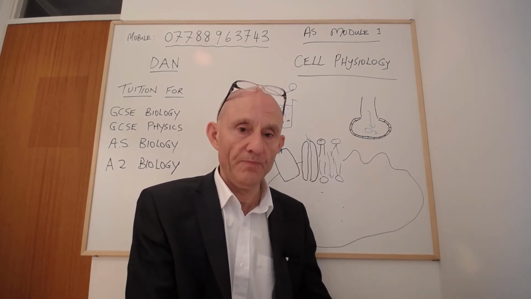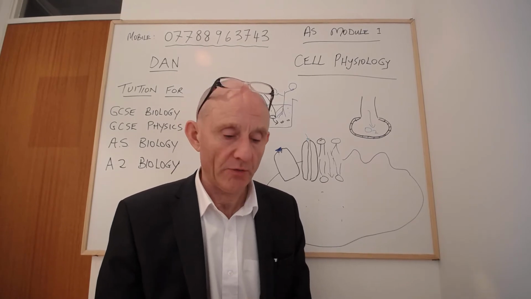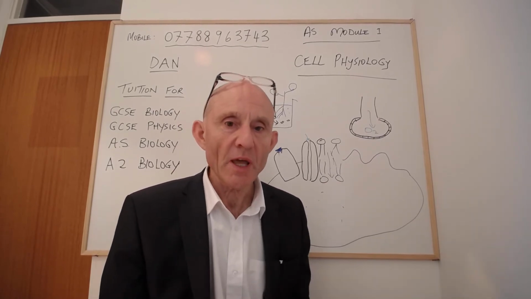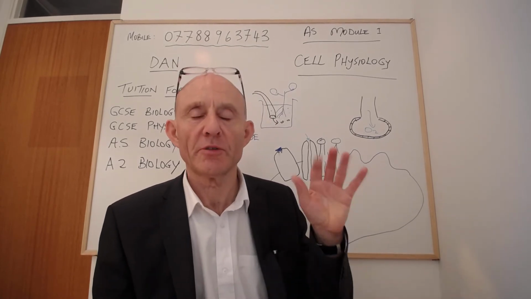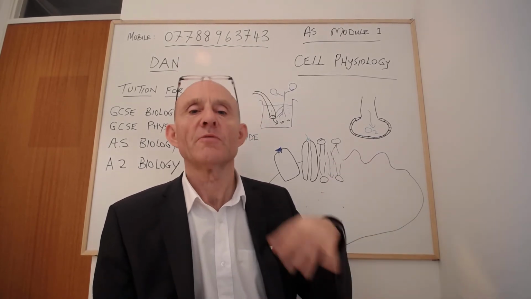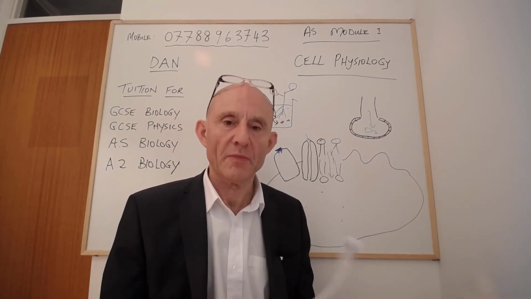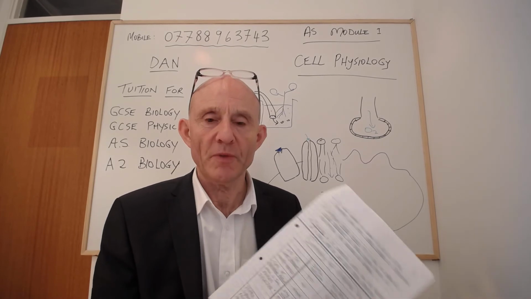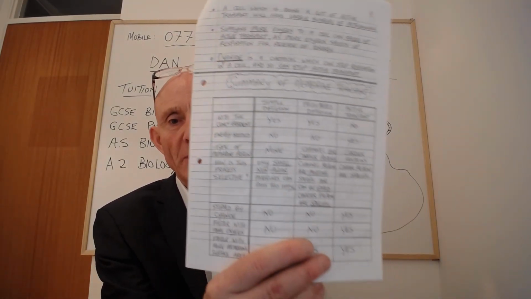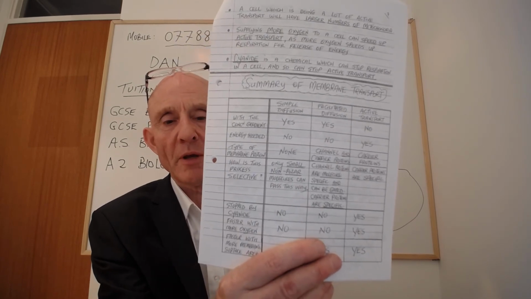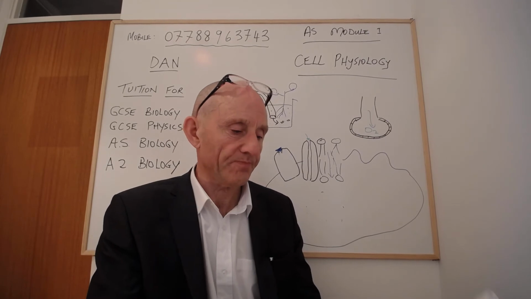So just going back to active transport. That's the three mechanisms then covered: simple diffusion, facilitated diffusion, and active transport. Now, the best way to get a good quick comparison is a table. You'll see here, I've made a table that compares the three: simple diffusion, facilitated diffusion, and active transport.